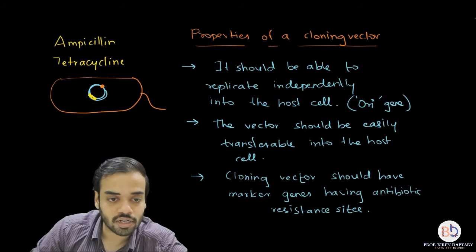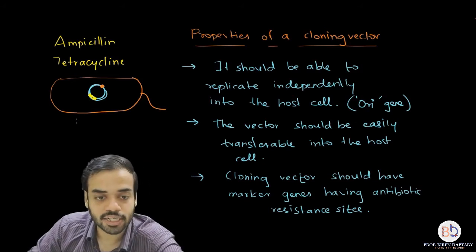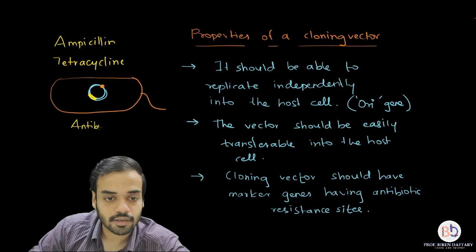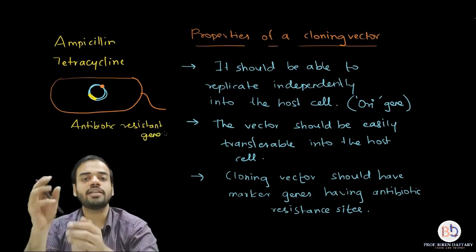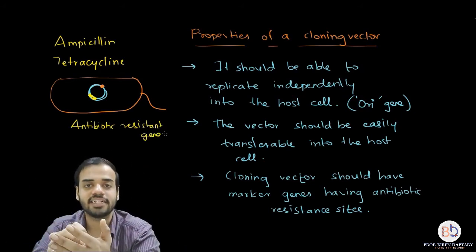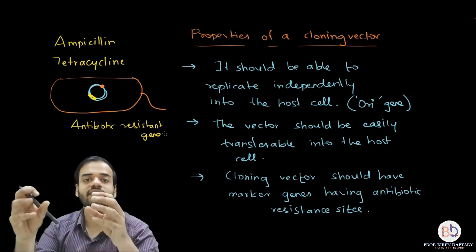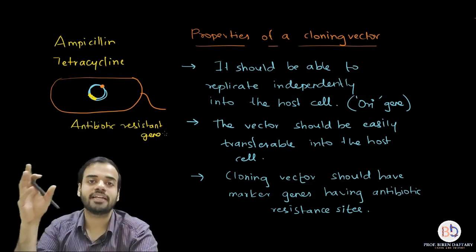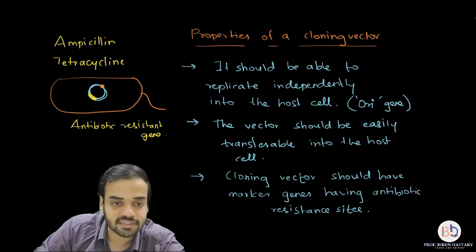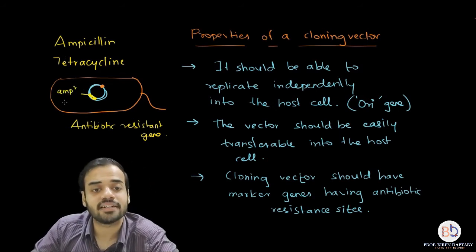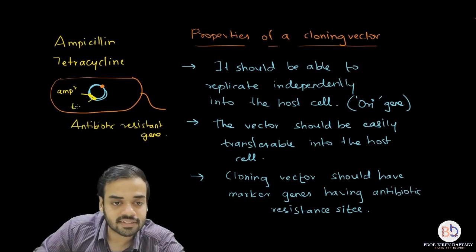See, it is called an antibiotic resistant gene. Antibiotic resistant genes or antibiotic resistant sites mean that these areas have genes that cannot be affected by that particular antibiotic. For example, the two antibiotic resistant genes over here are AMPR, that is ampicillin resistant, and tetracycline resistance TETR, R is resistance.